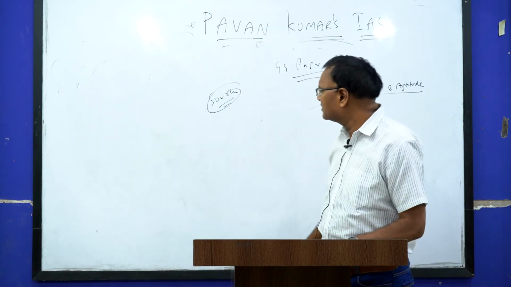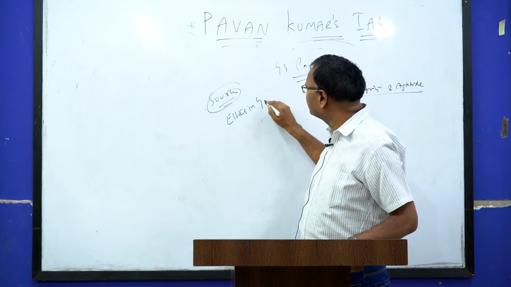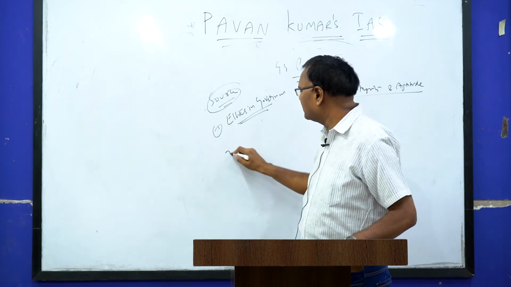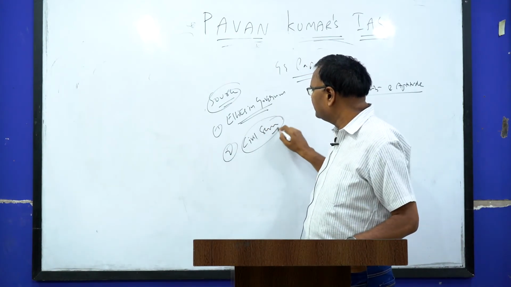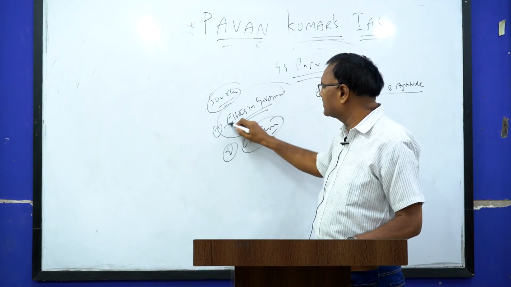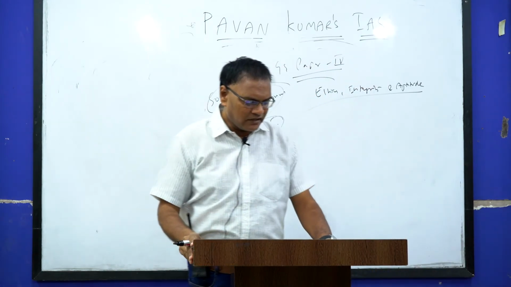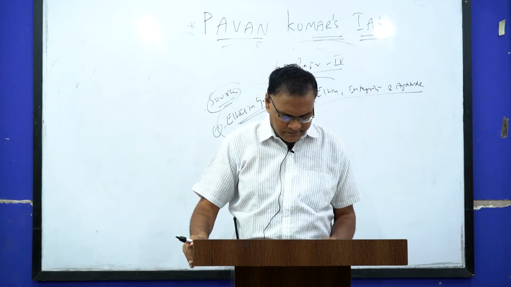As we have mentioned, there is the second ARC report on ethics in governance and the second ARC report on civil services. These two are important sources for this paper. Please remember, UPSC will never go beyond authentic government sources.